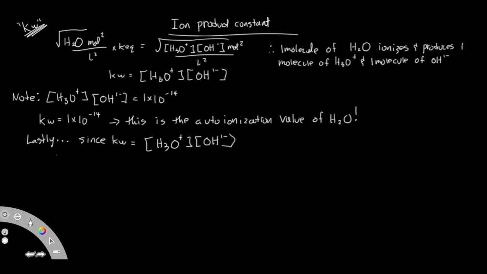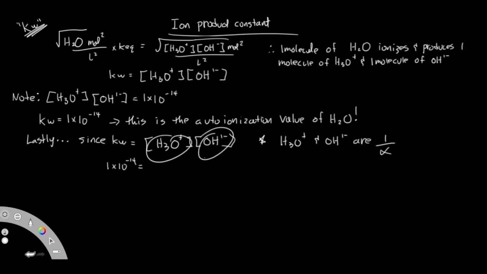Okay, so maybe I'll write here inversely proportional. So what does this mean? This means that if we multiply these two things together and they equal our Kw, and we've reiterated that our Kw is this value over here, let's write it down here again. 1 times 10 to the negative 14 is equal to this times this.